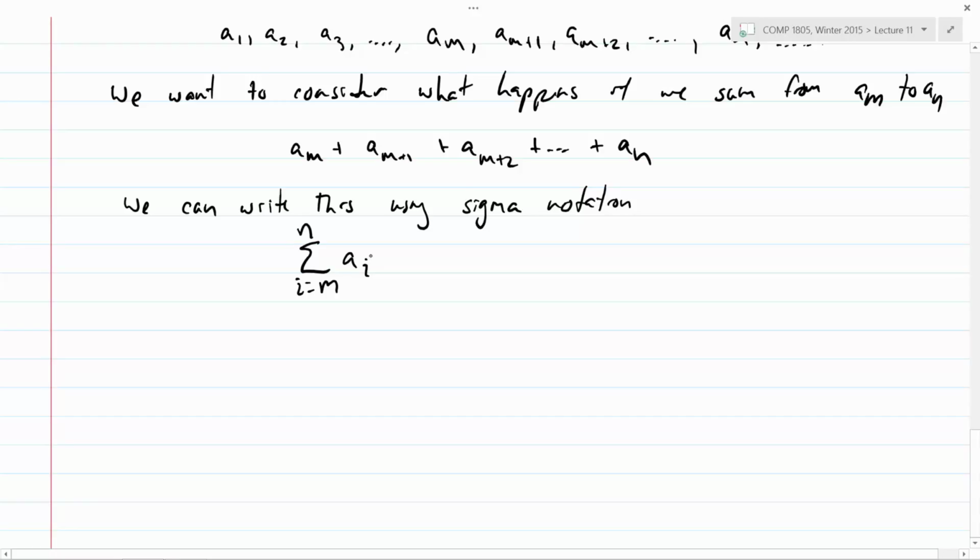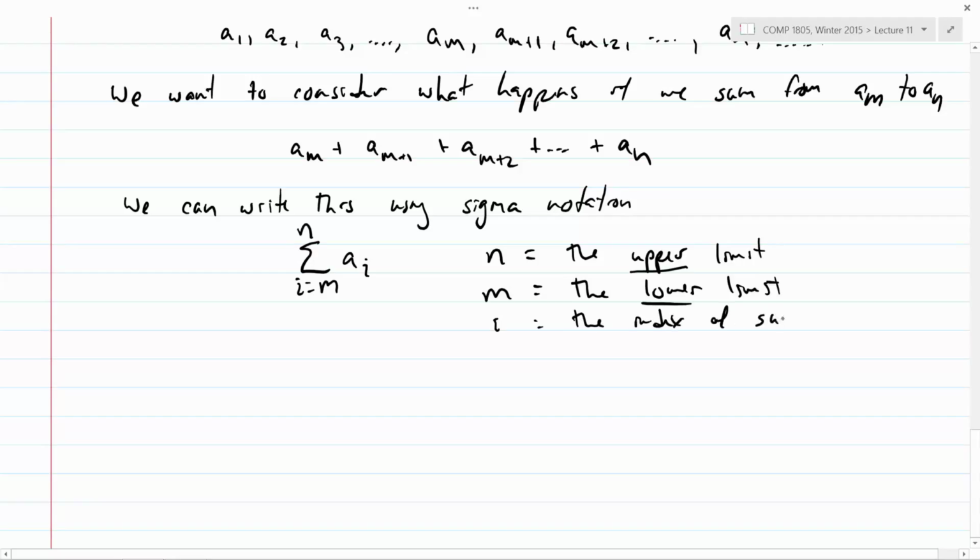So that's a lot of notation, so let me explain what these things are. n is the upper limit, and that makes sense because it's on top. m is the lower limit, and that makes sense because it's on the bottom. And this variable i is called the index of summation.